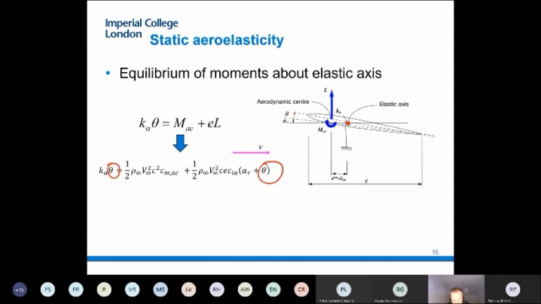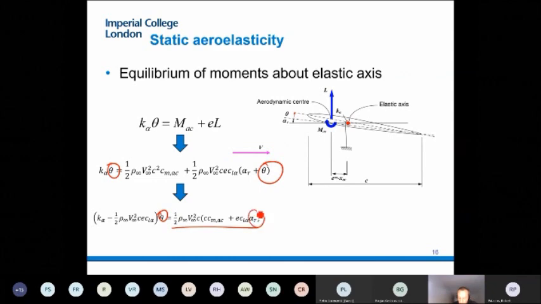So a key feature of aeroelasticity is that the things we don't know appear both in the structural part of the problem and in the aerodynamic part of the problem. How do you solve this? This is a linear system, so you move everything you don't know to the left, everything you know to the right, and you solve for it. So what you have is an equilibrium equation that determines how much the airfoil is deforming as a function of the flight conditions.